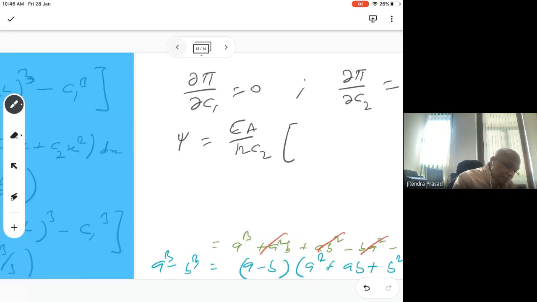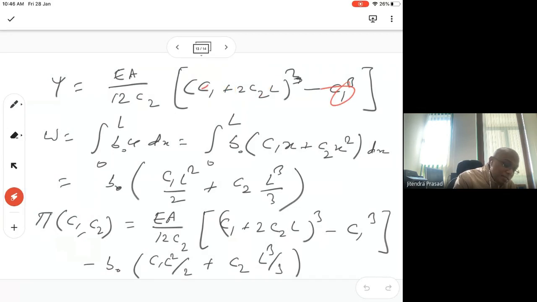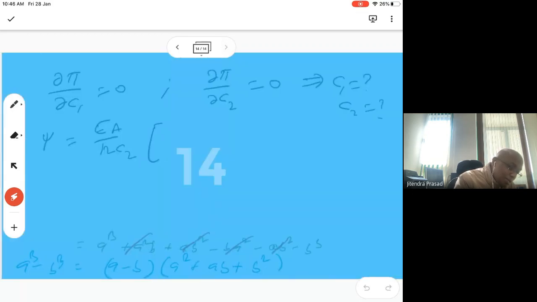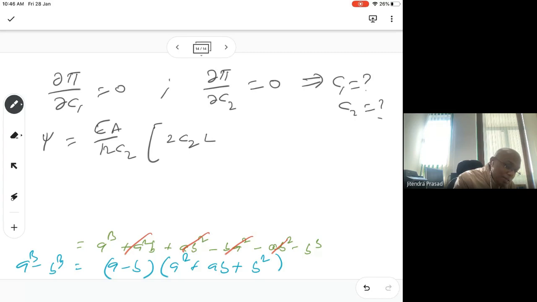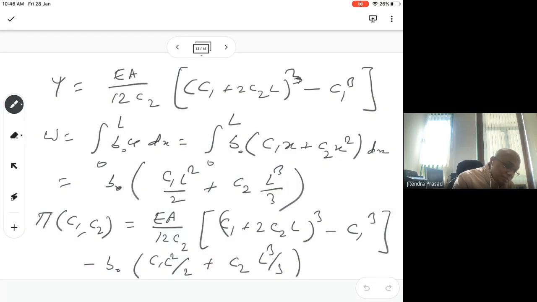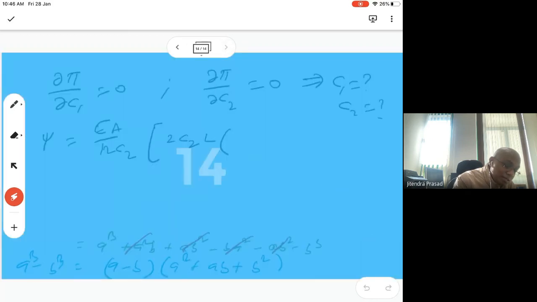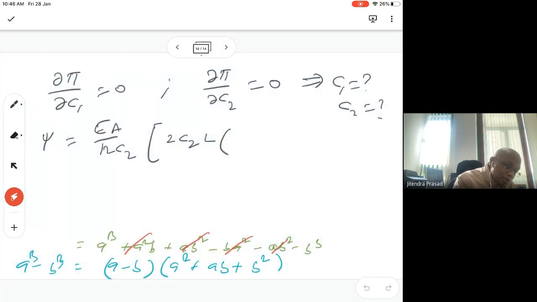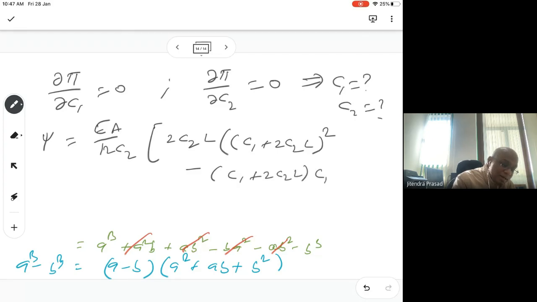So similarly, we can write here. We have this minus this, so this becomes minus this C1, so we get 2C2L, so we write here 2C2L, and then you have a square, then you have these terms, this a square C1 plus 2C2L, C1 plus 2C2L square, minus C1 plus 2C2L times C1, right?